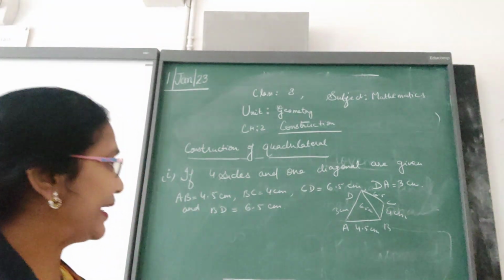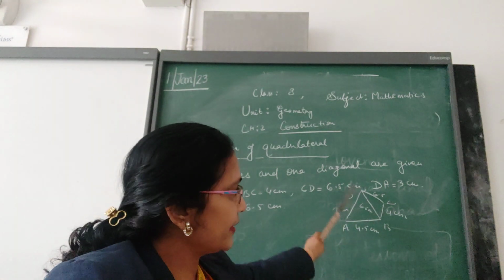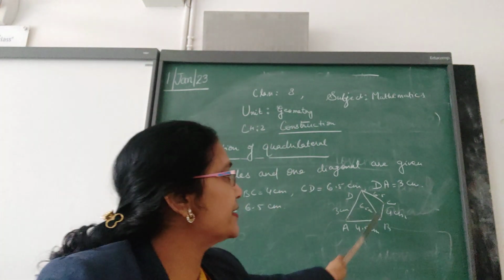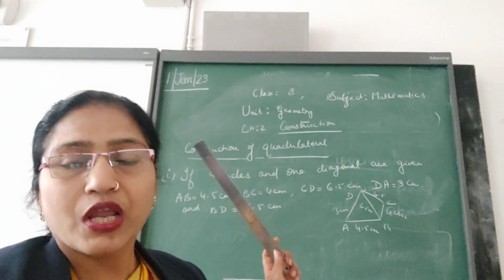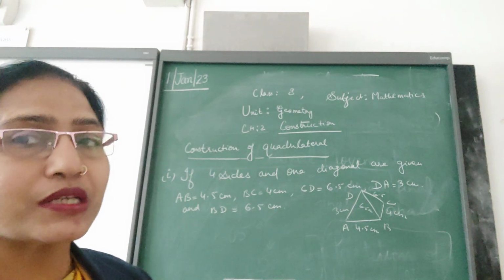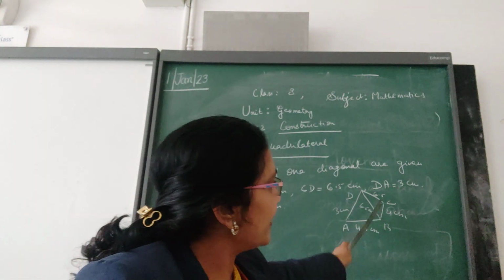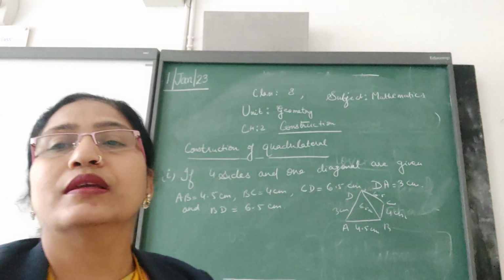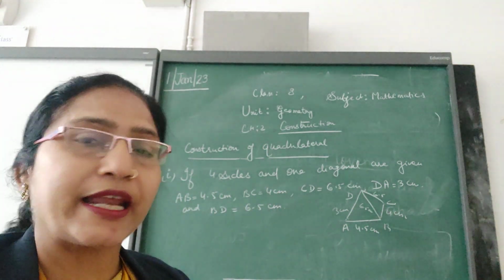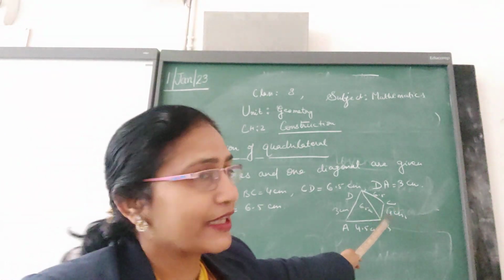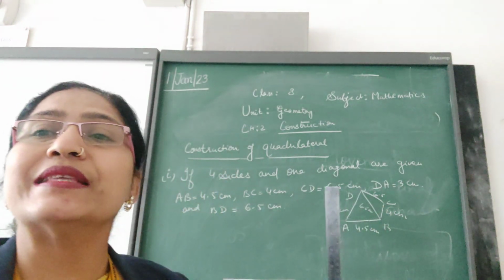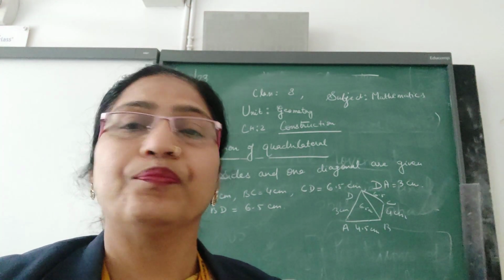Afterwards, you are looking there. BD length is mentioned and BC is also given. So you can use the compass, take the BC length in your compass. It means take radius 4 centimeter because length of the BC is 4 centimeter.